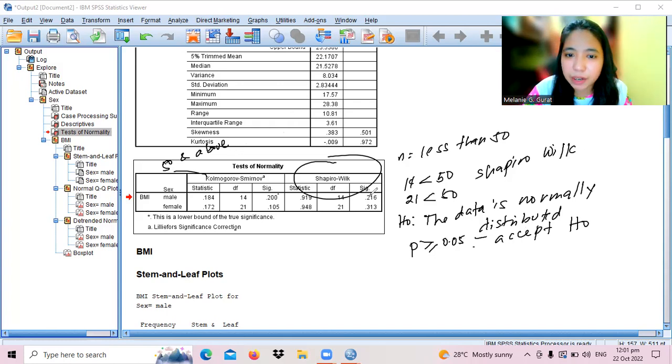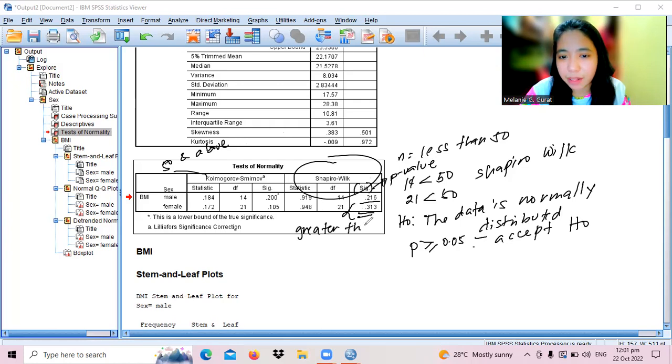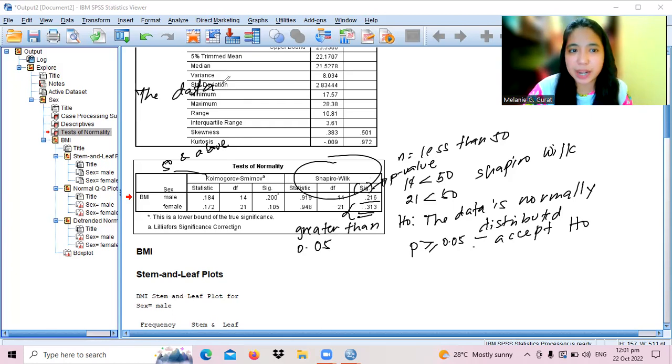Looking at the values, this sig here is actually our P value. So 0.216 and 0.313 are obviously greater than 0.05. Therefore, what can we tell about our data? The data of male and female respondents with regard to their BMI are normally distributed.